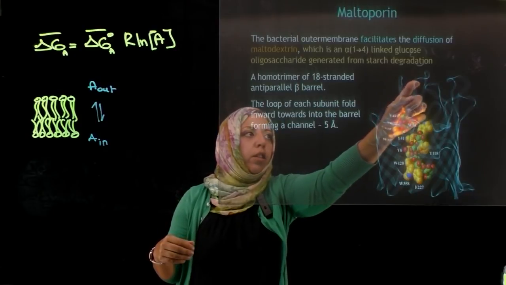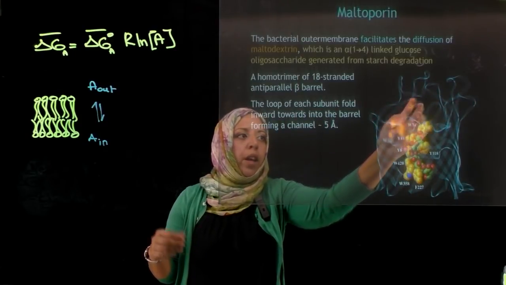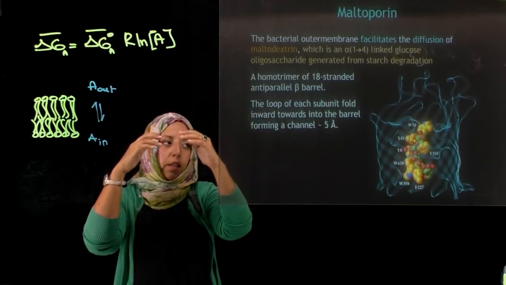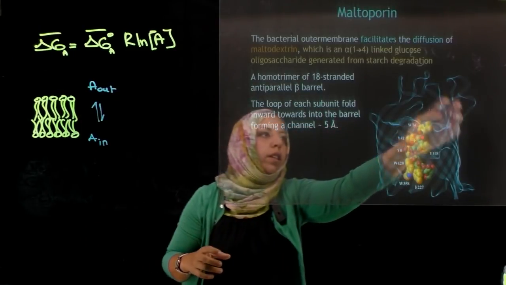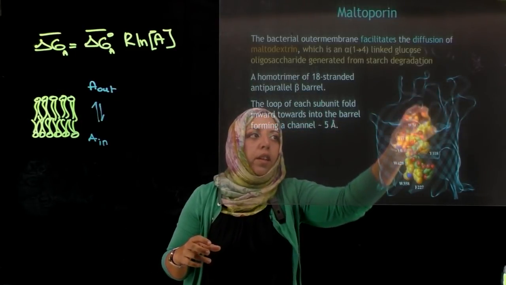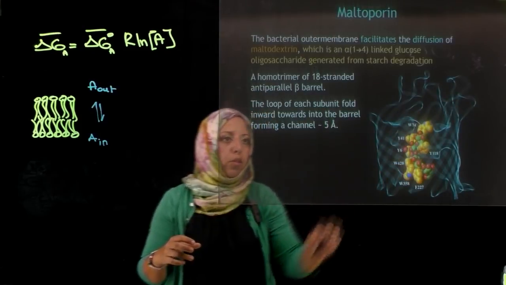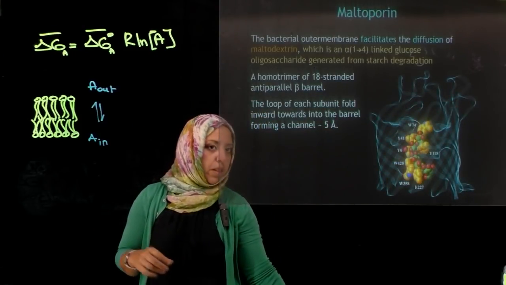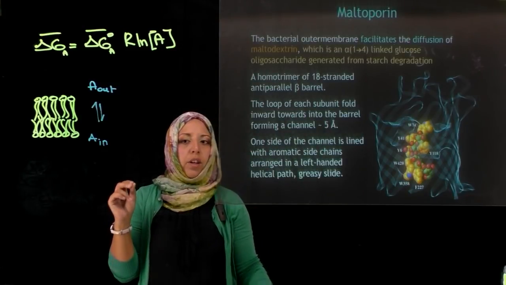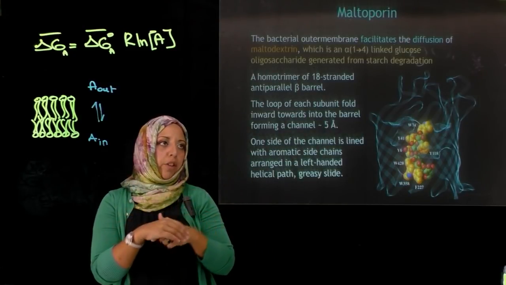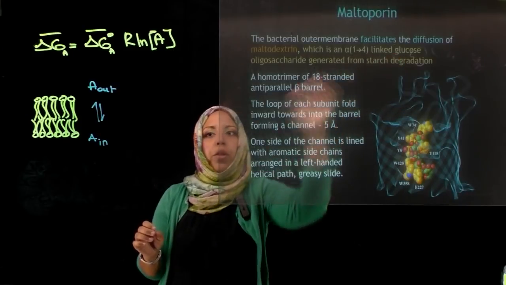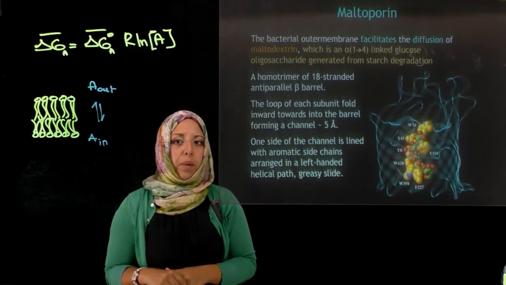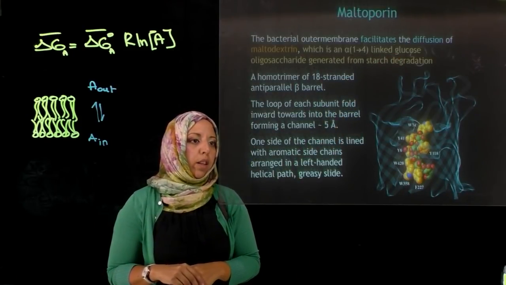And then you have these loops within it that are basically forming the entrance of that barrel. You have those loops. So it has a channel that is about 5 angstroms. It's very selective towards near planar groups, and that's why it can transport glucose molecules that are linked by an alpha 1,4 linkage.